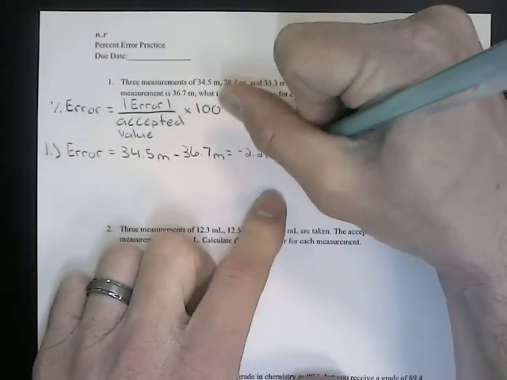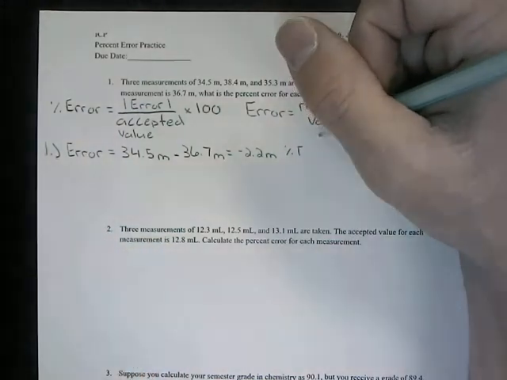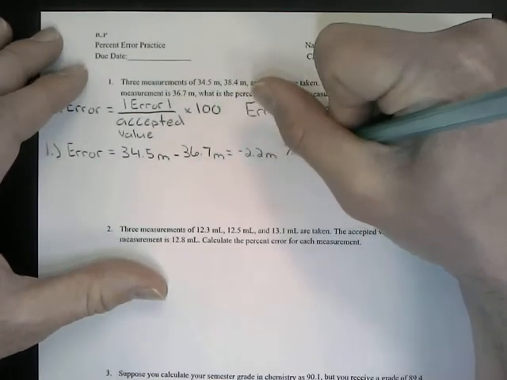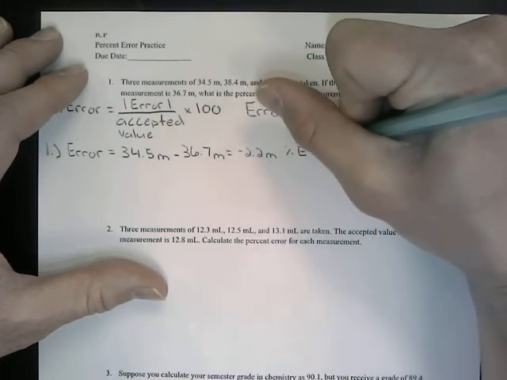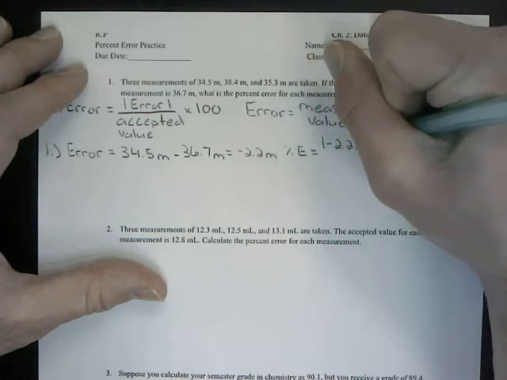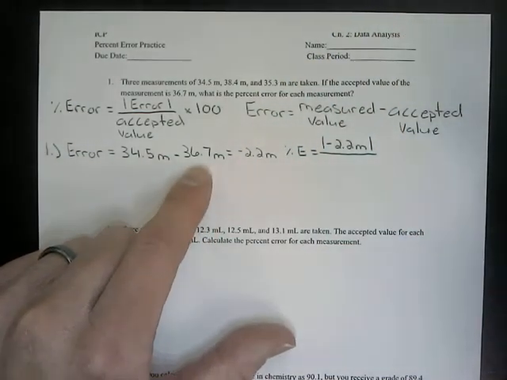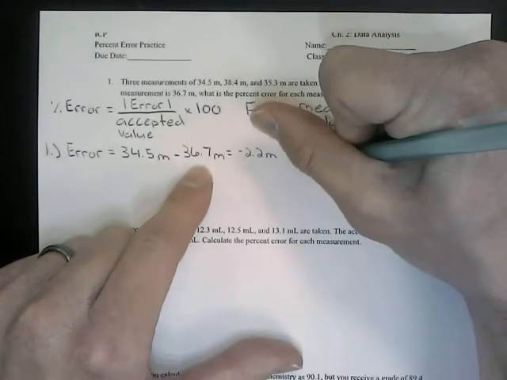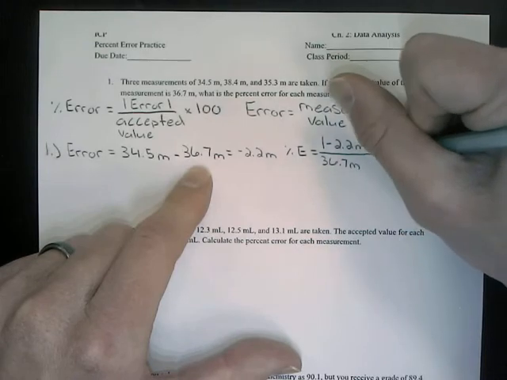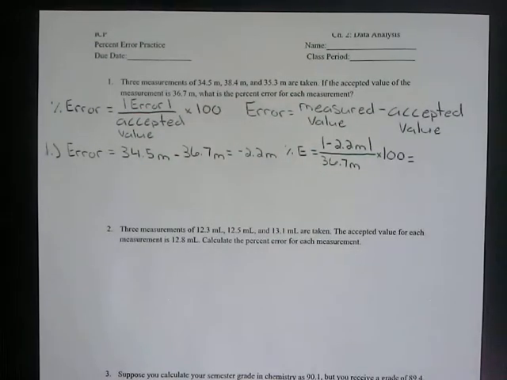So our percent error, and to save some room, I'm just going to call that percent E, is equal to the absolute value, so negative 2.2 meters divided by the accepted value, which again is 36.7 meters, times 100. Now, what we do here is this.